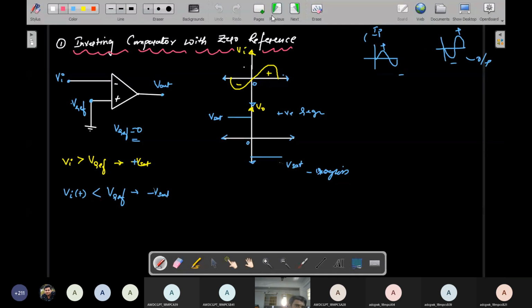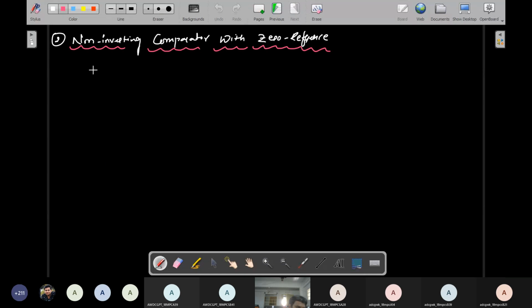Same diagram once again I will consider. See, in the non-inverting case what will happen? So this is my operational amplifier. Right now I am giving the input voltage to the inverting terminal, and this is the non-inverting terminal.